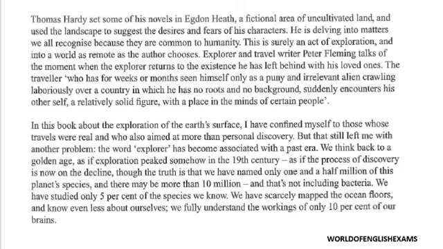Thomas Hardy. Who is Thomas Hardy? If you know, it's really good. But if you don't know, you don't need to bother about that because what we are looking for is Edgin Heath. So Thomas Hardy set some of his novels in Edgin Heath. He is a novelist and he set some of his novels in Edgin Heath. What is it? A fictional area.